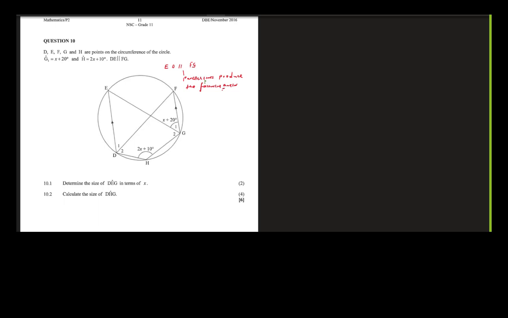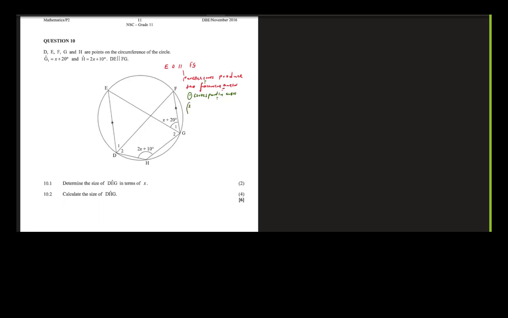One, we must look for what we call the corresponding angles. Parallel lines produce corresponding angles. Every time we have parallel lines, we check for the corresponding angles.